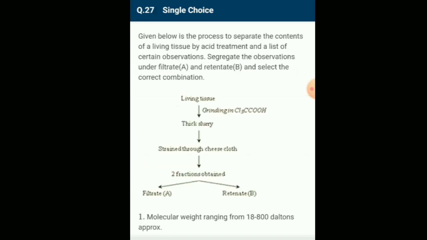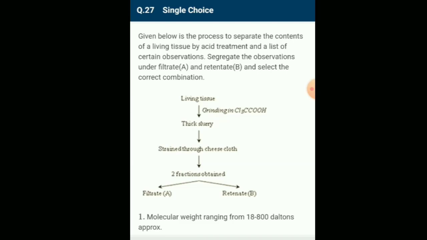Question number 27. Given below is the process to separate the contents of a living tissue by acid treatment and a list of certain observations. Segregate the observations under filtrate A and retentate B and select the correct combination. The given procedure is about a chemical analysis of living matter. Filtrate is the acid soluble pool while the retentate is the acid insoluble pool.